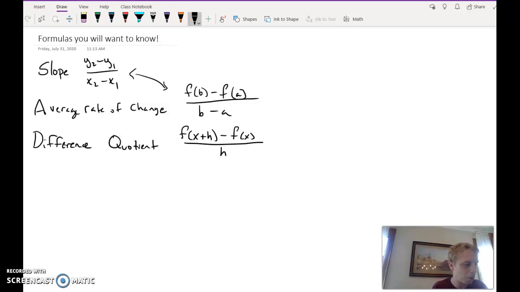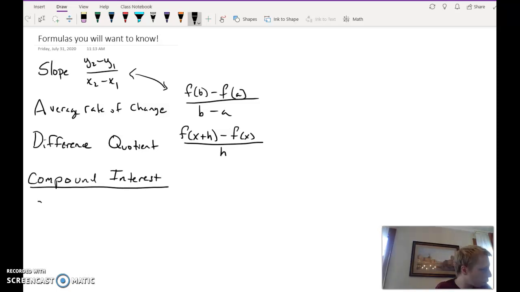The next formulas we really took a look at and worked with a lot were compound interest formulas. There were two different ones we worked with.